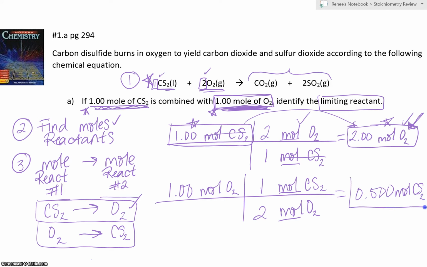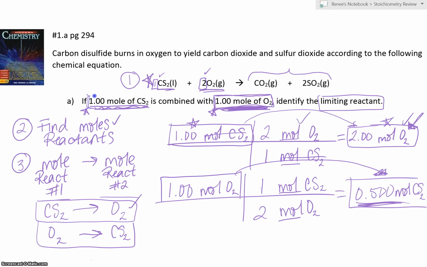This tells me that for every 1 mole of oxygen gas, it requires 0.5 moles of carbon disulfide to react perfectly. If I look at what's given to me in the problem, I'm given more than that.